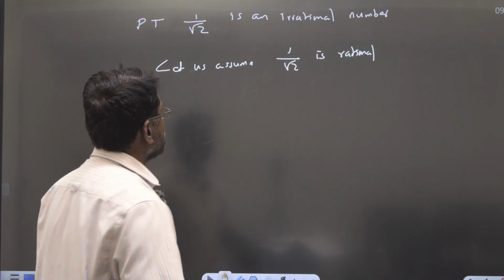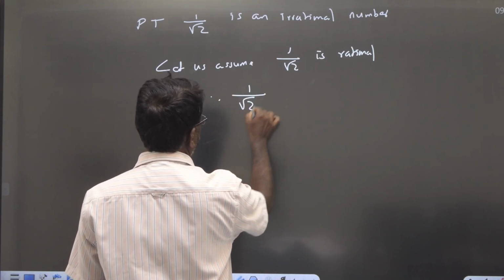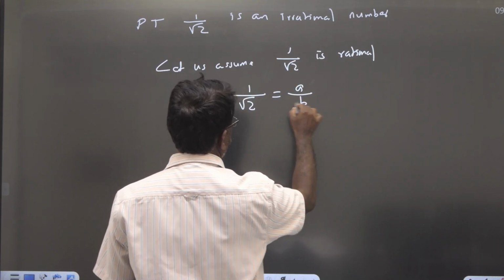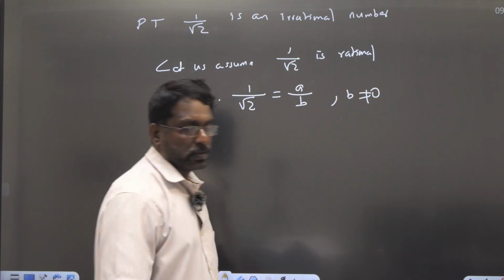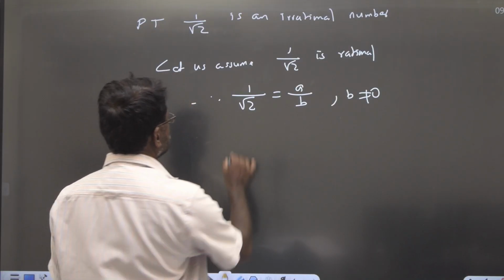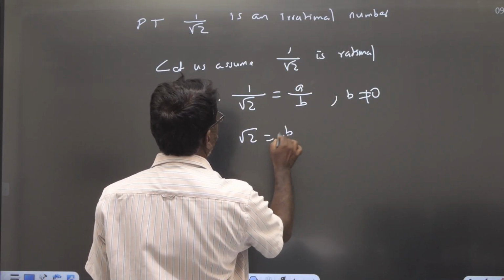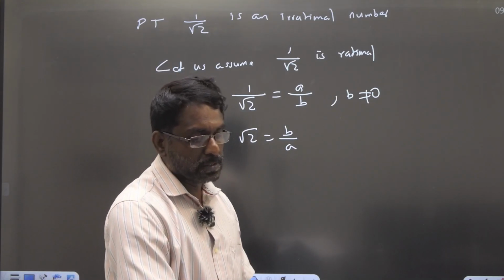Therefore 1 by root 2 can be expressed in the form of a by b, where b not equal to 0. That is, root 2 is equal to b by a. Take the reciprocals on both sides.